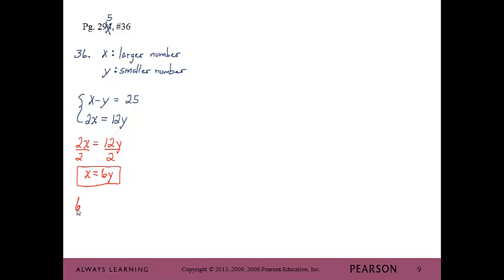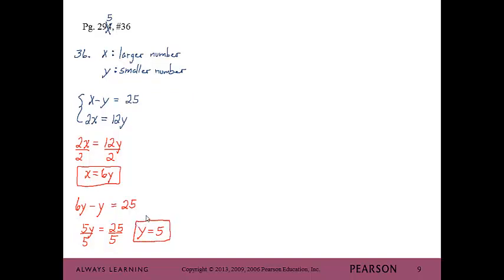So we're going to have 6y minus y equals 25. So this means 5y equals 25. Divide both sides by 5. And we get y equals 5. So the smaller number is 5.